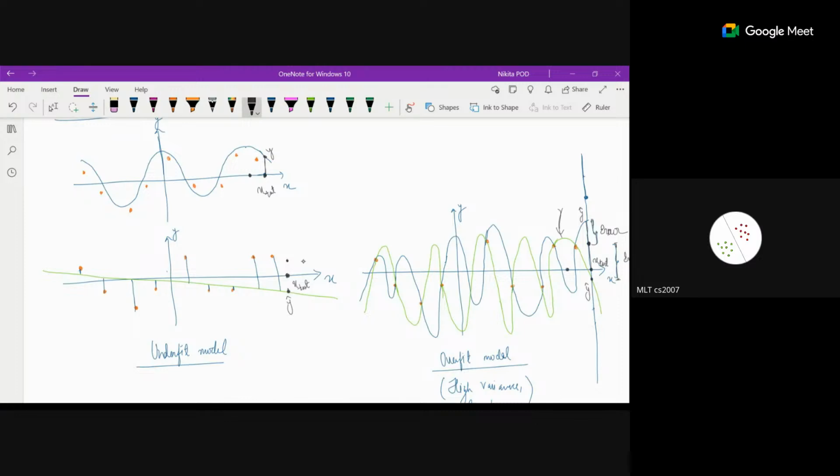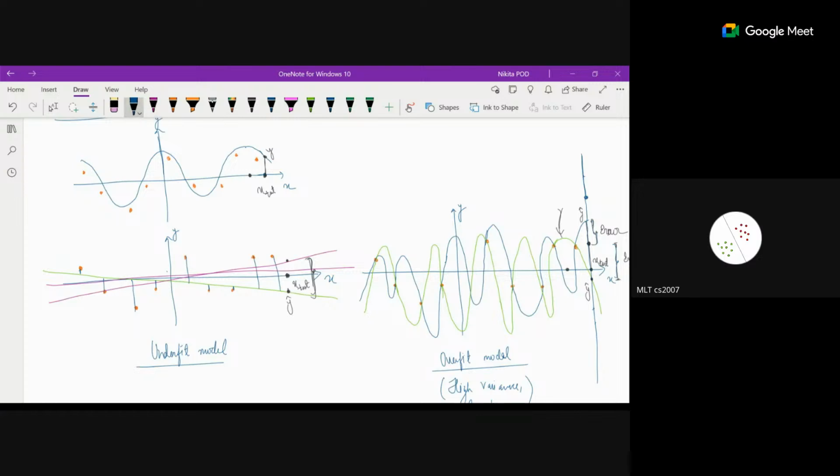The error that I'm getting here is this much. Now let's say if I observe another data set, I will have a different line. Since we are saying simple model, one can fit a linear regression model, and maybe someone can fit a line like this or a line like this.